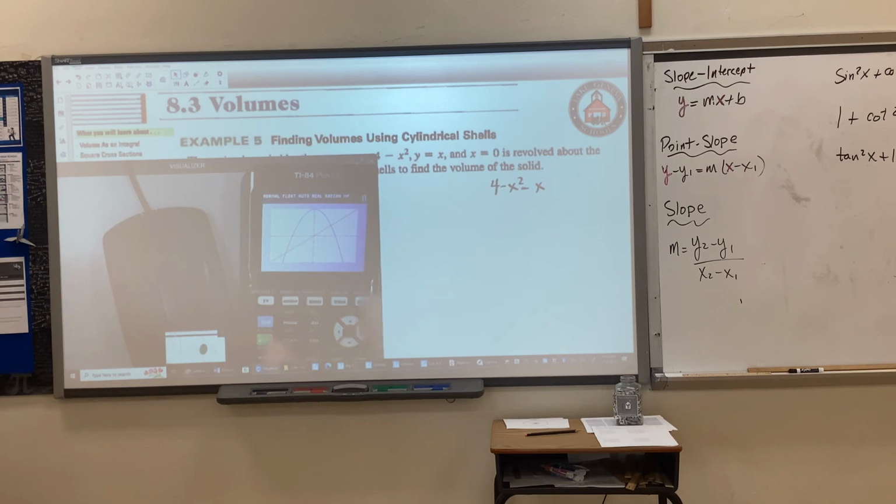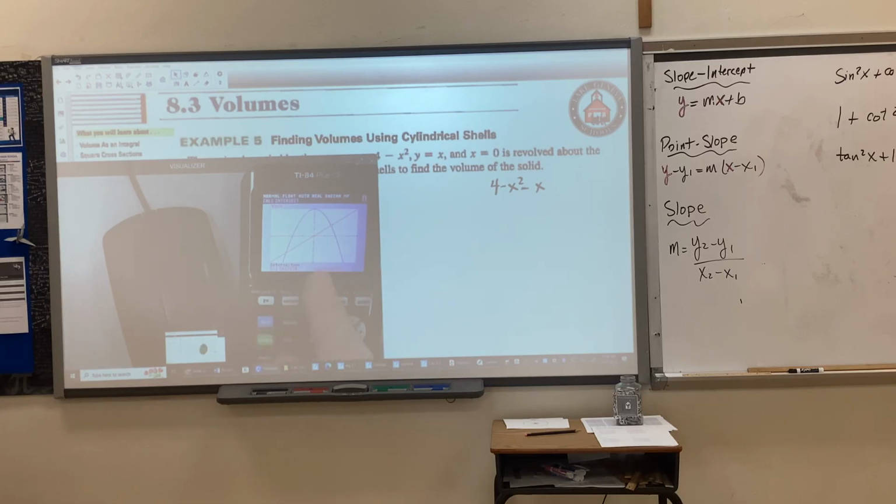Nice. 1.5615528. Did you guys see how I got it? Graph them both, see where they intersect.